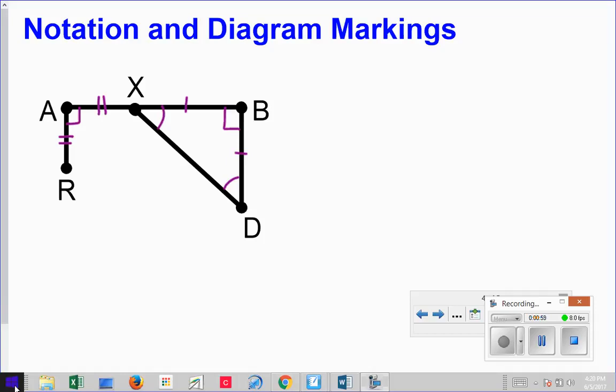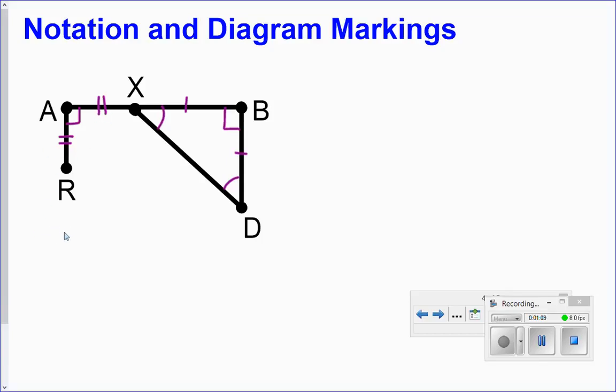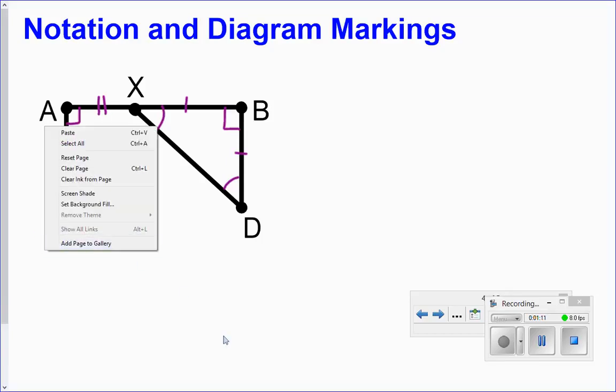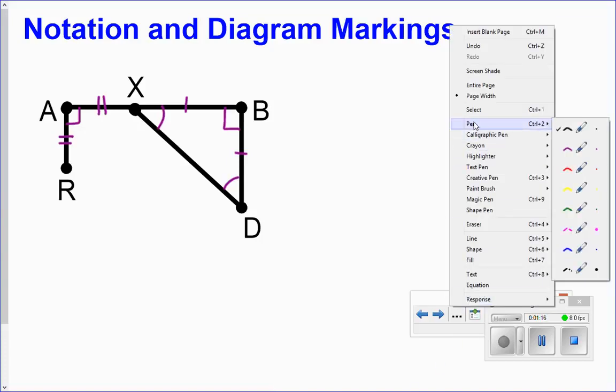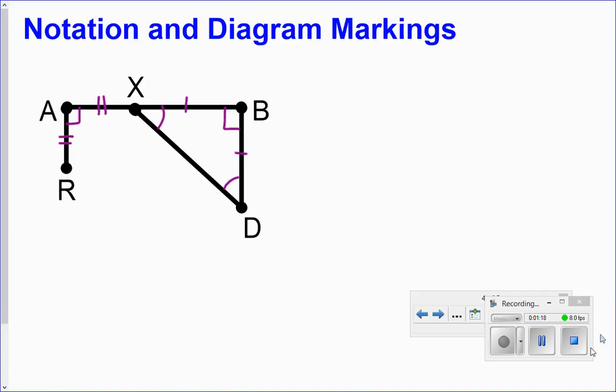So we could say that, and I'm going to call this angle RAX, that angle RAX, I'm going to indicate that the measure of angle RAX is 90 degrees.